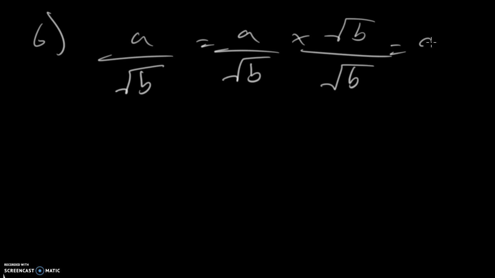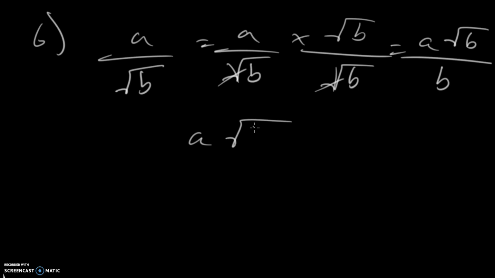This would give us a root b over b. Because we've rationalized the denominator, we've cancelled out the root to give us our final answer of a root b over b. Right, those are the 6 rules of surds.